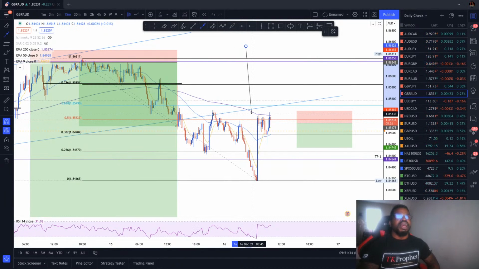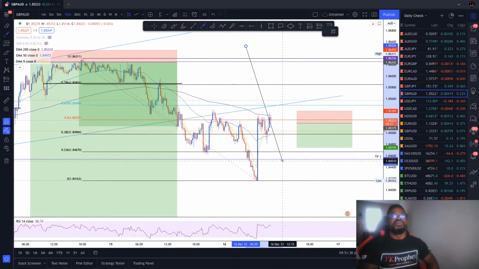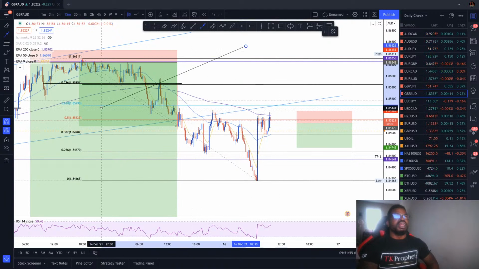As long as these highs are not broken, then we could see this move continue to the downside. If we have a break in these highs and price closes above the 200 EMA, boom, comes back to retest the 50, then we could be looking for an uptrend. But until then, everything is still headed to the downside.